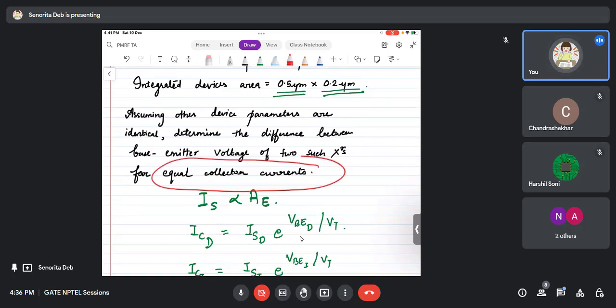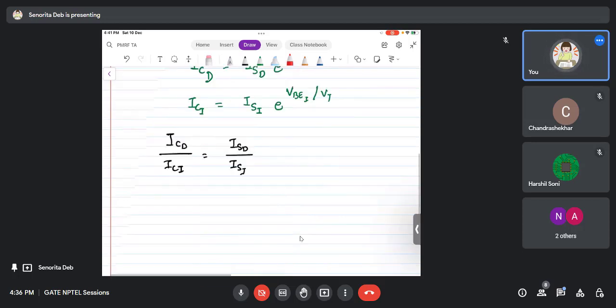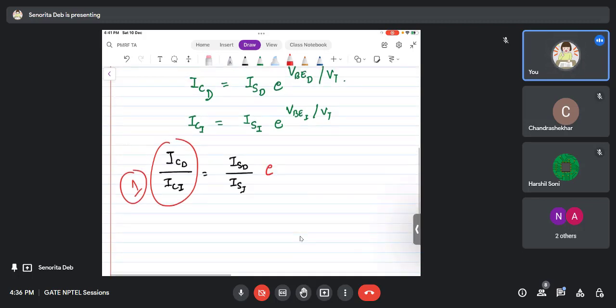If this condition is not given, the question is not solvable, right? Equal collector current means this ratio is going to be 1. And the other side has e to the power VBED minus VBEI upon VT, as I have taken the ratio. In the previous question we saw the exponential will be negative.